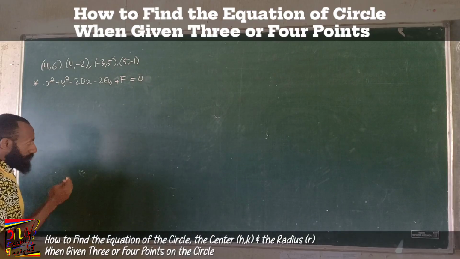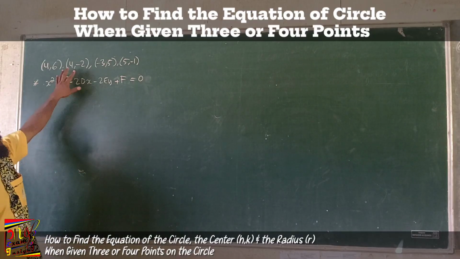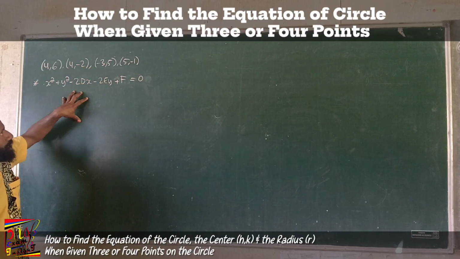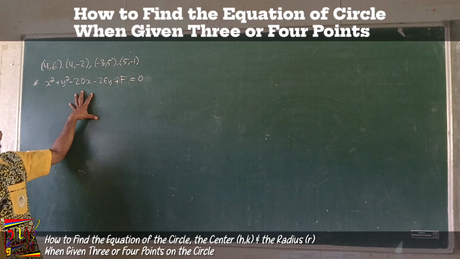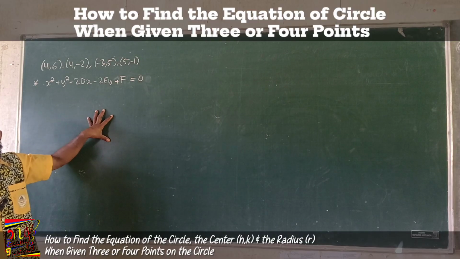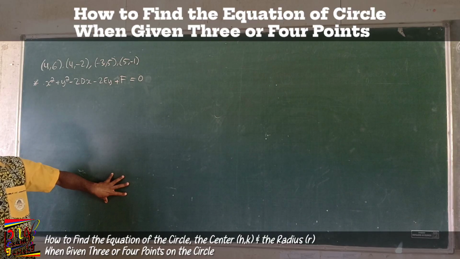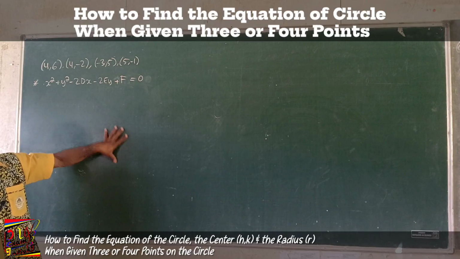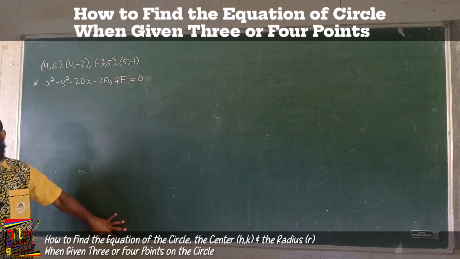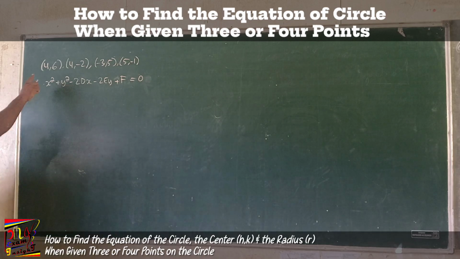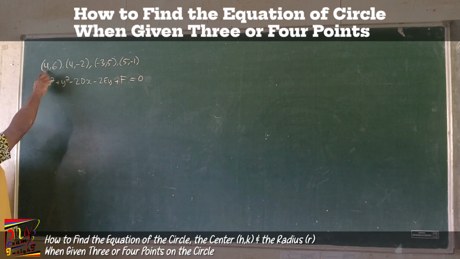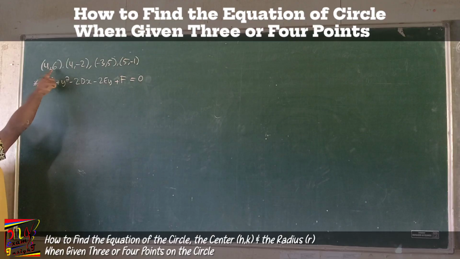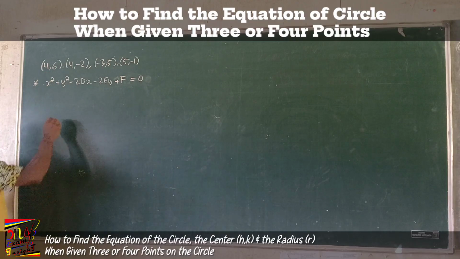So using that general form, you're going to substitute the points given into the equation to come up with equations that have 3 unknowns, which we're going to solve simultaneously. Is that clear? Alright, let's use the first point now. X is 4 and Y is 6.